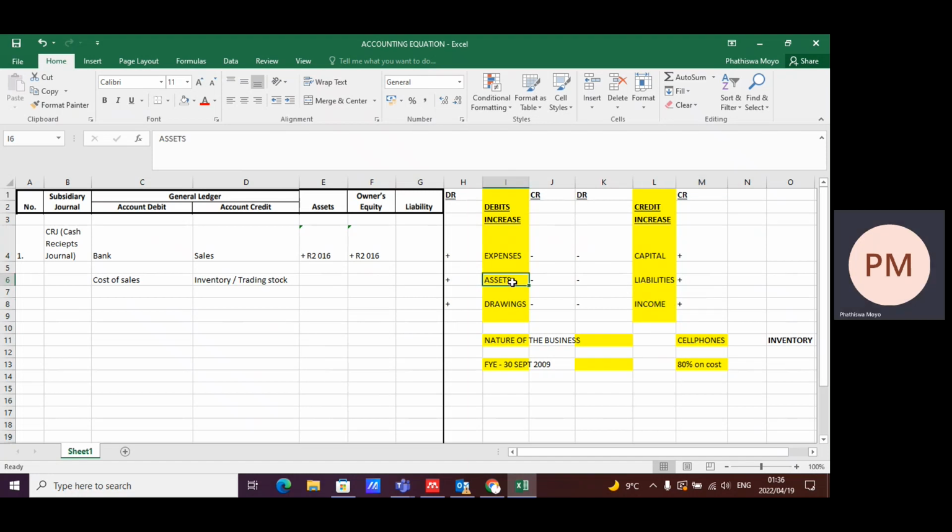Go through the slides on theory if you're still lost here. So your assets will increase on the debit side. They will decrease on which side? On the credit side. So in this instance, because we're selling a cell phone, which is inventory, our inventory is decreasing with one cell phone less. But now they said the markup is 80% on cost, so we need to calculate that.